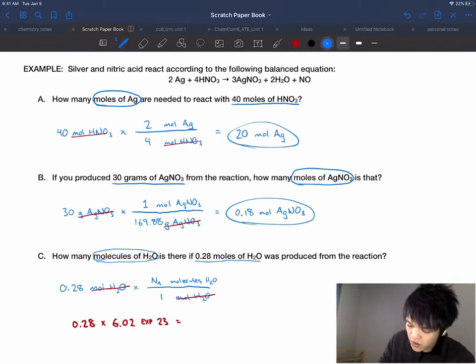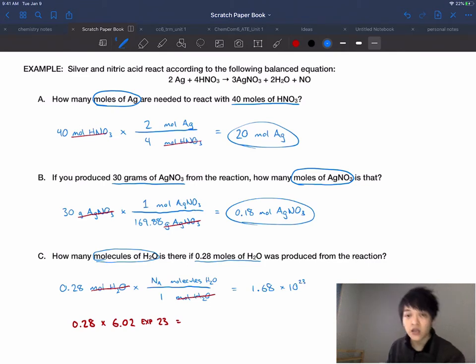Let's see. Throw an equal sign. 1.68 times 10 to the 23. That's the answer. But we're missing the unit. The unit is molecules of H2O.